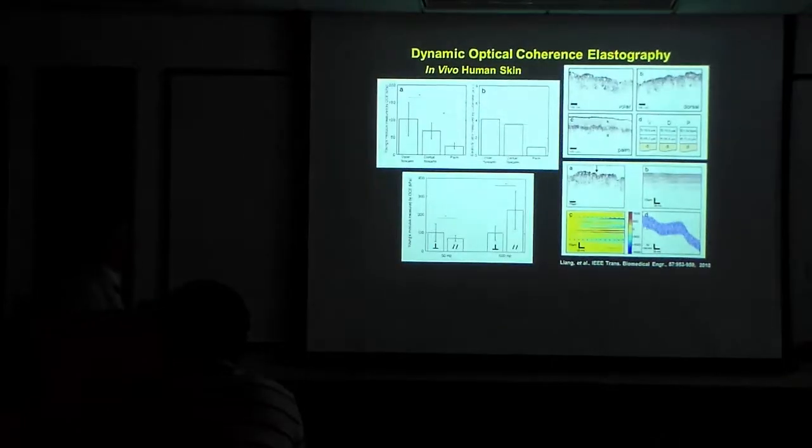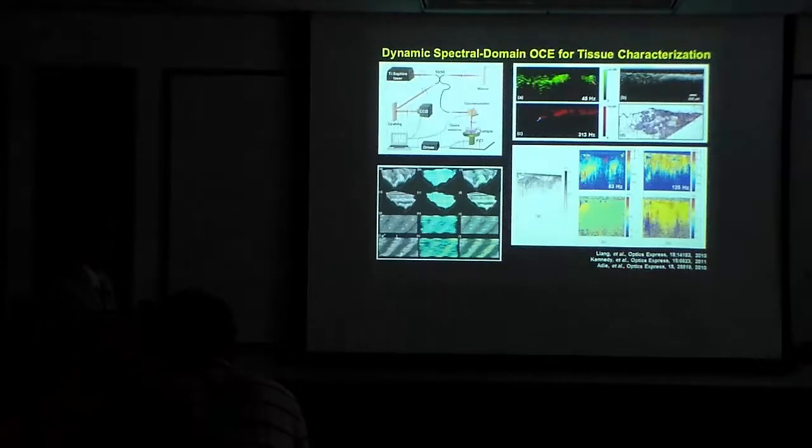We can do this to characterize the elastic modulus of different areas of human skin, so differences between the volar or dorsal forearm or the palm, and also differences that may correspond to the underlying collagen structures deeper in the dermis.